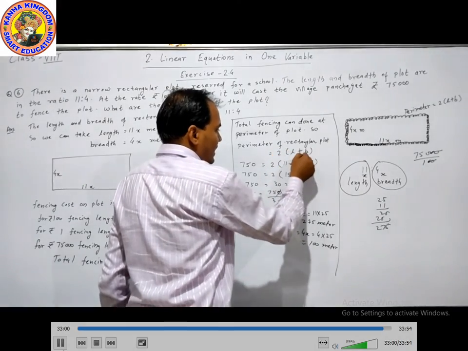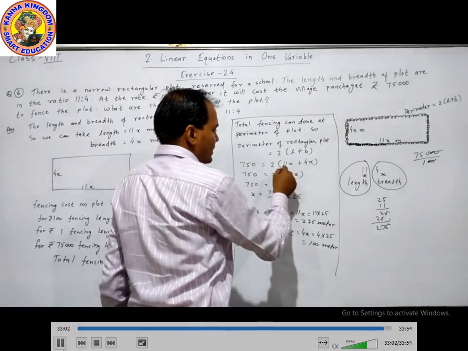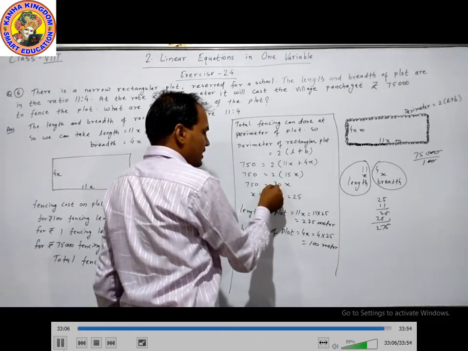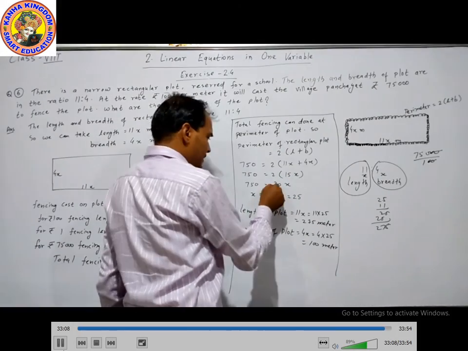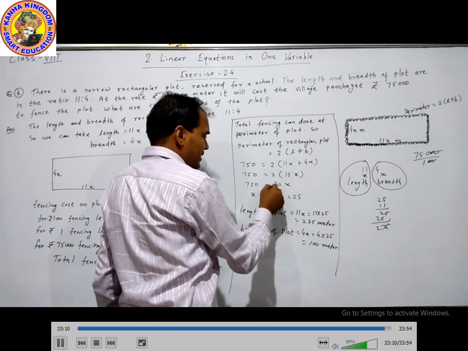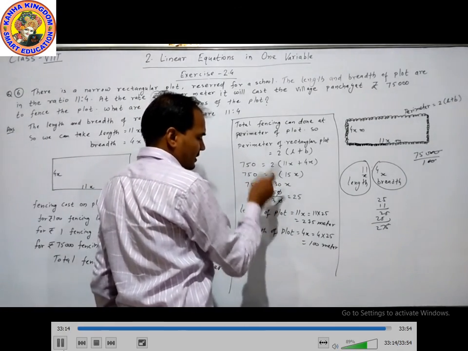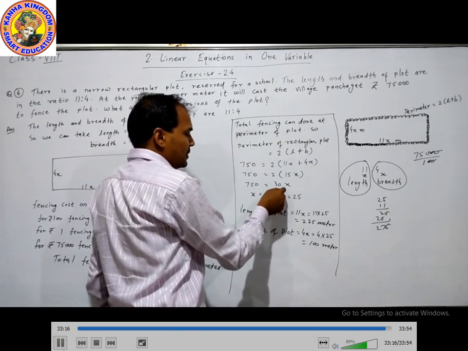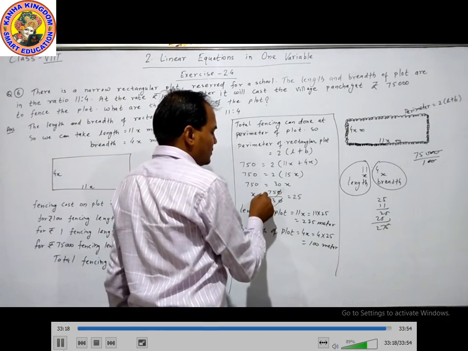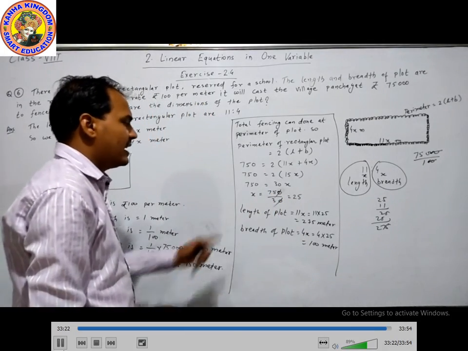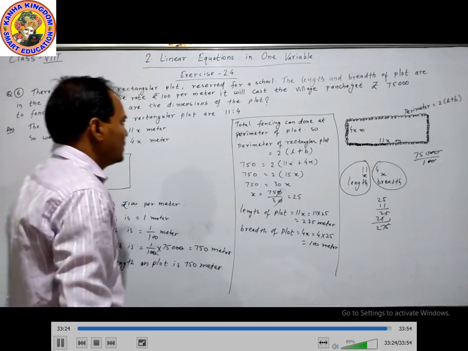Length is 11x, width is 4x. 11 plus 4 is 15. 15 into 2 is 30. Here 30 is the multiplier, so we will divide by 30. 0 and 0 can be cut. 75 divided by 3, the answer is 25. x is equal to 25.